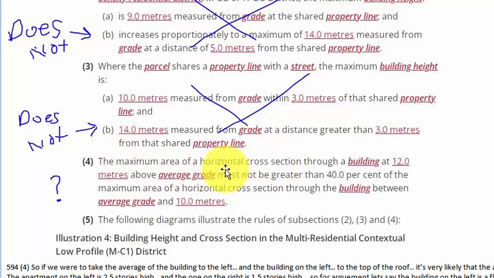Okay. So the maximum area horizontal cross section. This is an important part of the equation. It becomes an average of the two buildings from what they're saying, and it must not be greater than 40% higher than the maximum area of a horizontal cross section through the building between the average grade and 10 meters. Okay, so that means that 10 meters is like 30 feet.